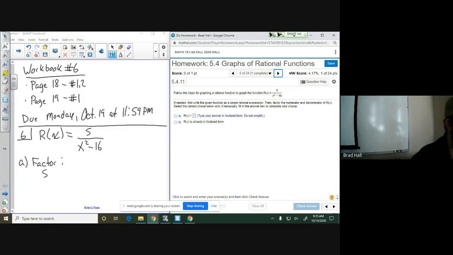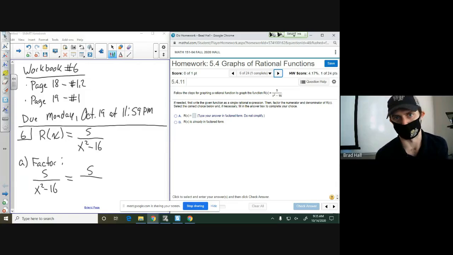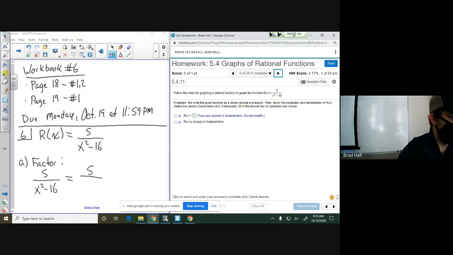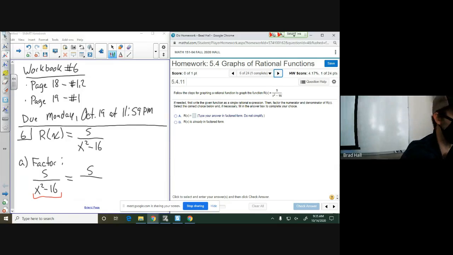You might notice that x squared minus 16 is in the denominator, and of course the numerator is just the number 5, so there's nothing to factor. The denominator is a difference of 2 squares. And the way we can factor that, hopefully you know by now, is (x plus 4)(x minus 4).